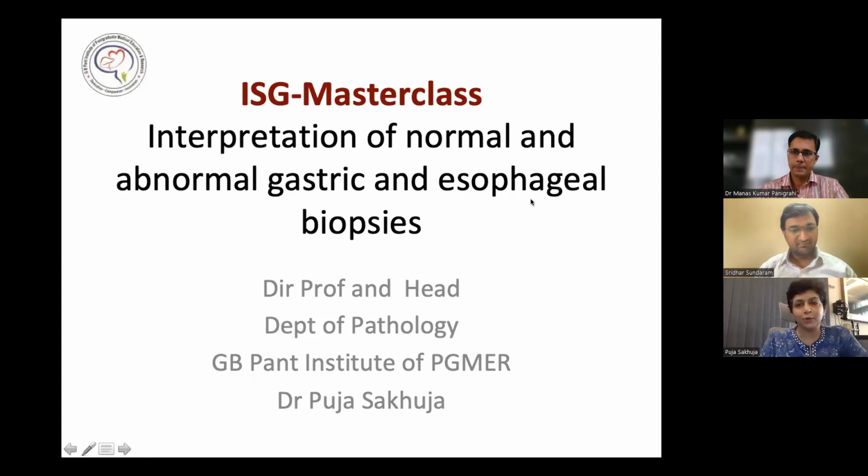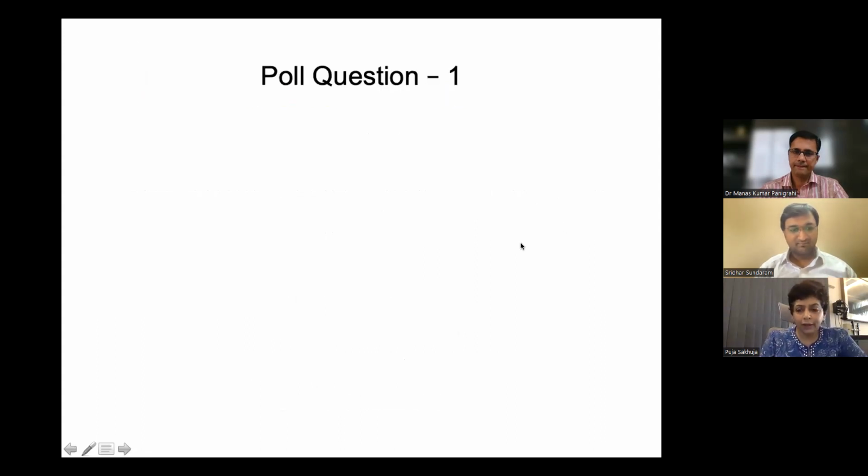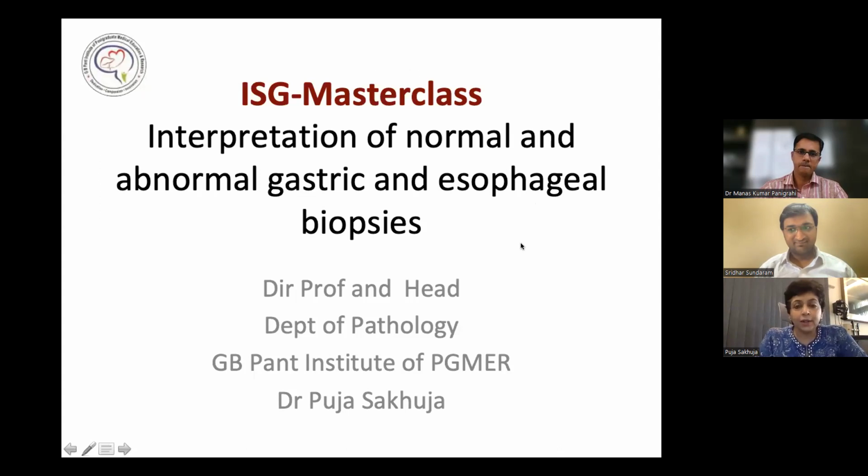Okay, thank you so much for a kind welcome, and it's an honor to be part of this ISG masterclass organized by ISG. So I'd like to thank all the organizers for including me in this session of pathology. As you know, the topic is interpretation of normal and abnormal gastric and esophageal biopsies.